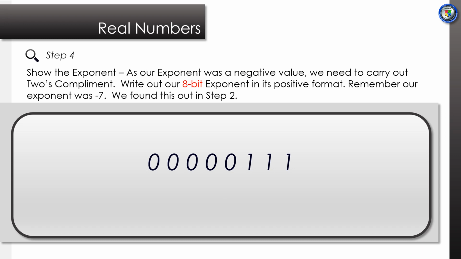In step 4, we will show the exponent. In this case, our exponent was a negative value. Remember, it was negative 7. We found that out in step 2. As this is a negative value, we need to carry out 2's complement. Firstly, we will lay out our 8-bit exponent in positive format.